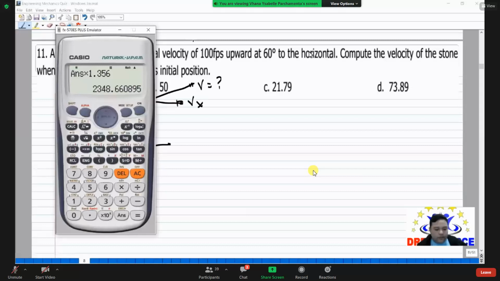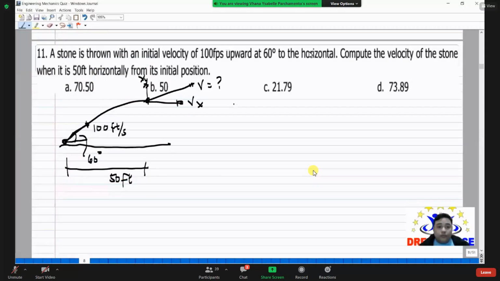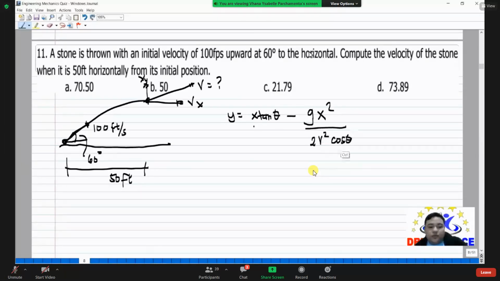Ngayon, so this will be, pwede siguro itong gamitan ng general equation of the projectile. So y is equal to x tangent theta, kasi kulang yung mga details natin, minus g times x squared all over 2 times v o x, or that is v squared multiplied by cosine theta squared.